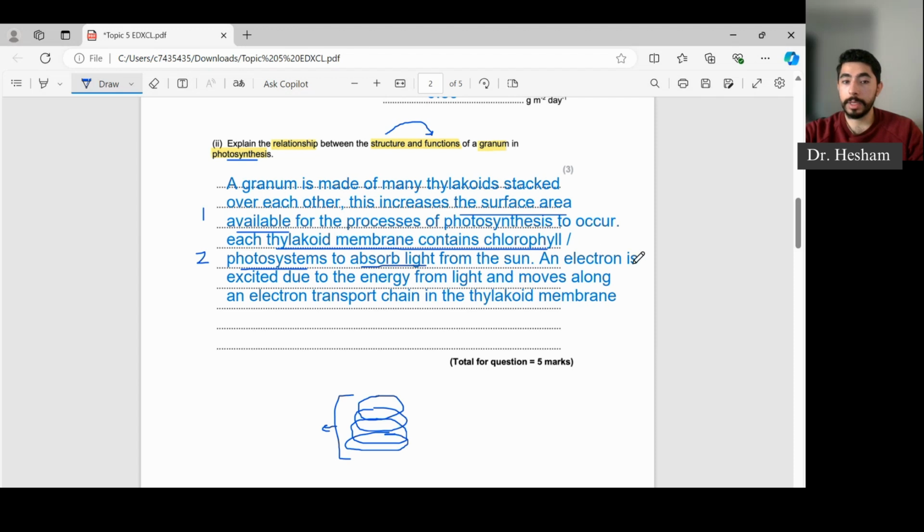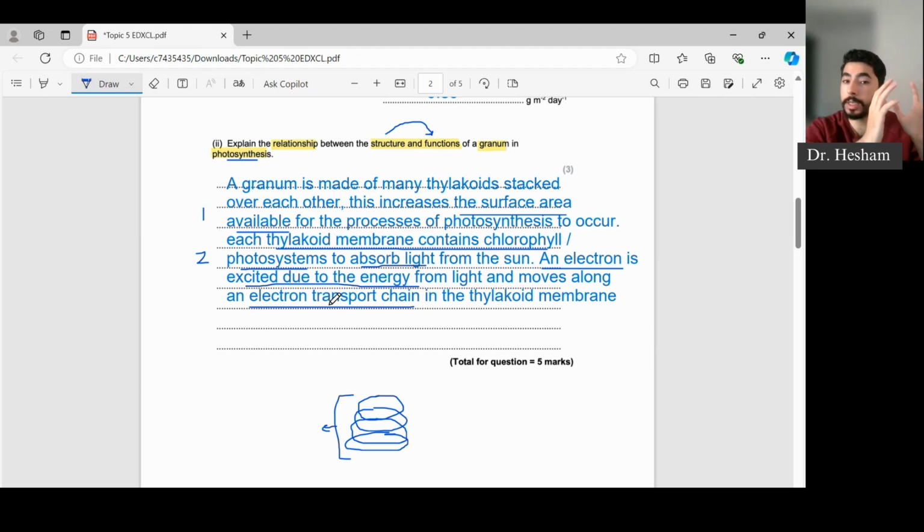An electron is excited due to the energy from light and moves. Now I'm talking about function first. So an electron is excited. This is a function. This is what happens in photosynthesis: from light and moves along an electron transport chain. So electron transport chain is the structure. There is an electron transport chain in the thylakoid membrane which allows an electron to move, to change energy levels.